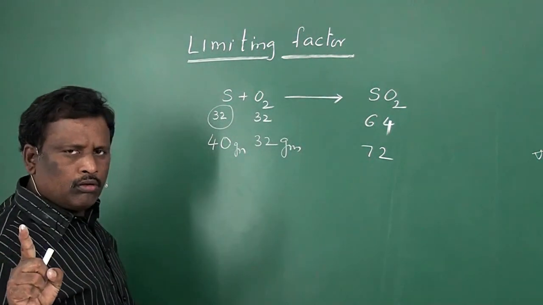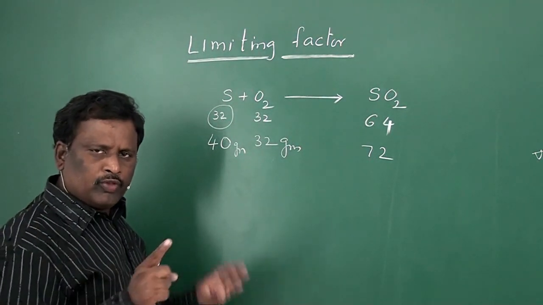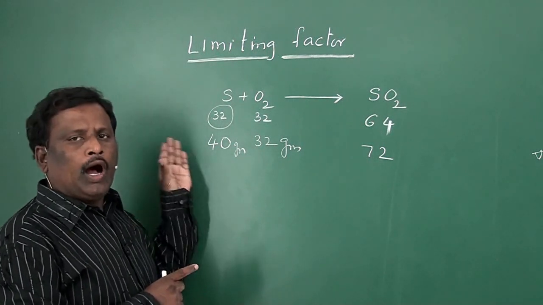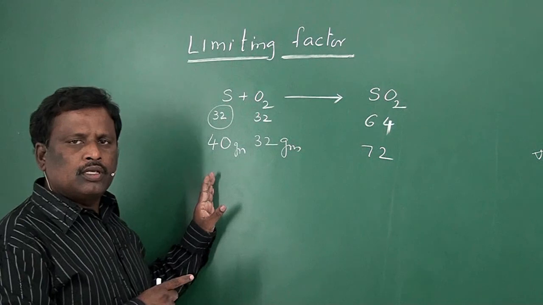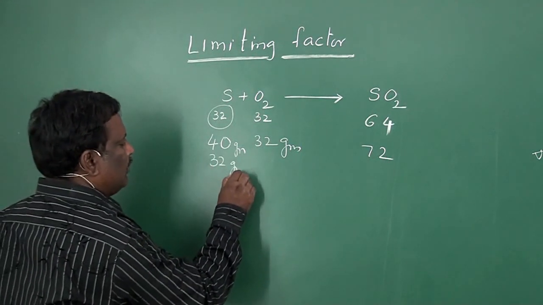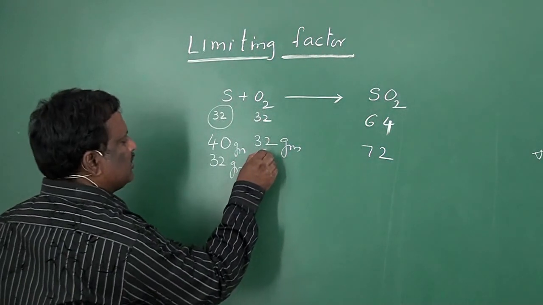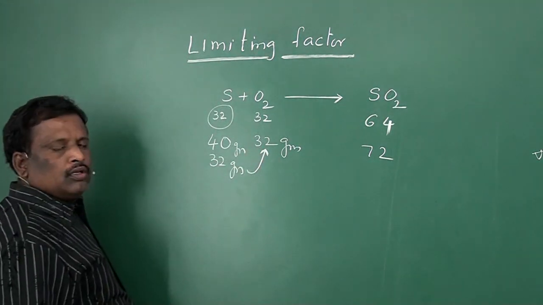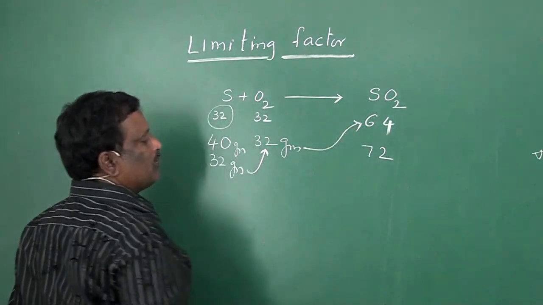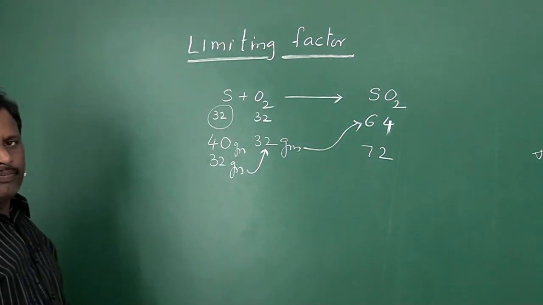No. Even though you have taken 40 grams of sulfur, out of this 40 grams, only 32 grams of sulfur will react with 32 grams of oxygen to give 64 grams of sulfur dioxide.